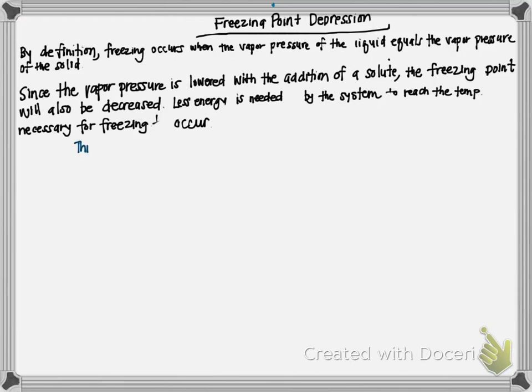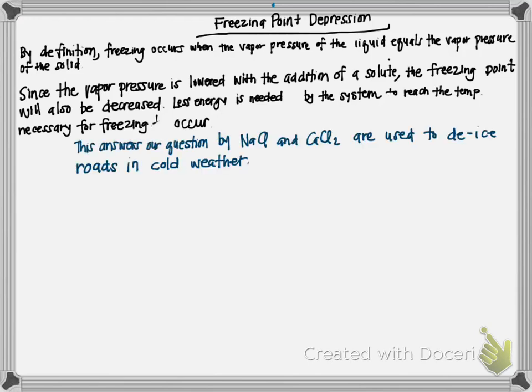We use sodium chloride and calcium chloride often to de-ice roads. And the reason why is because in order for molecules to freeze, they need to become more ordered, they need to cluster together.